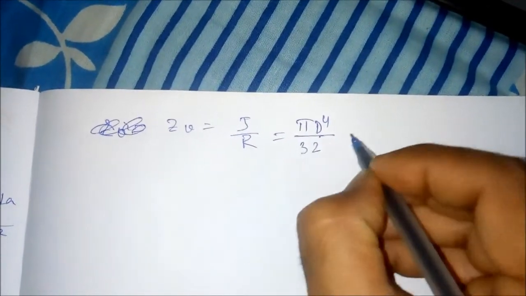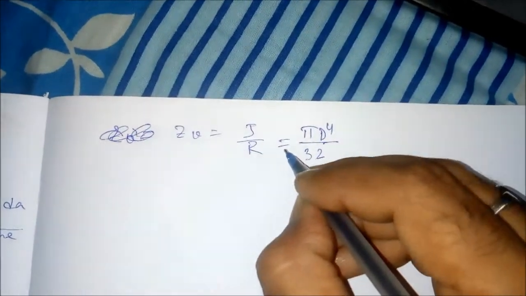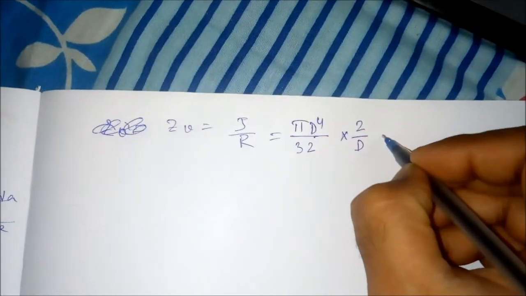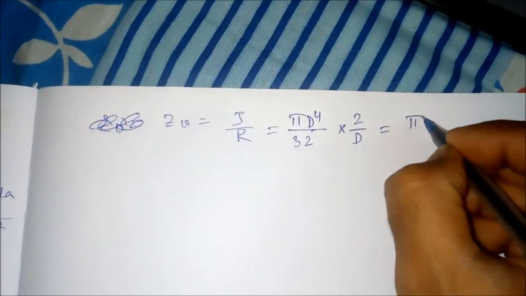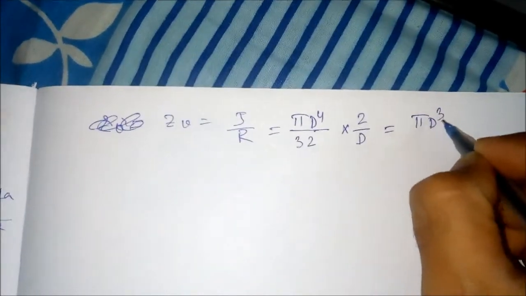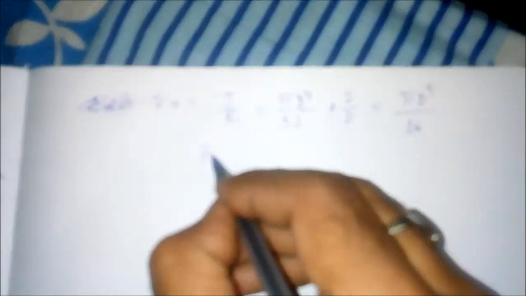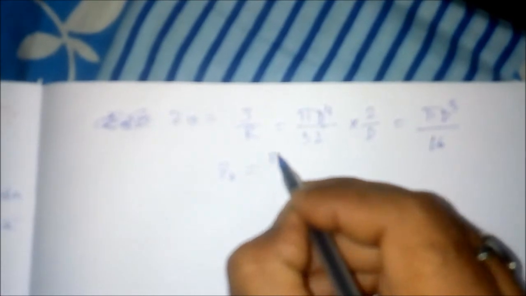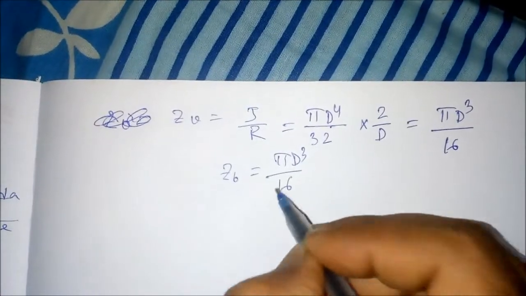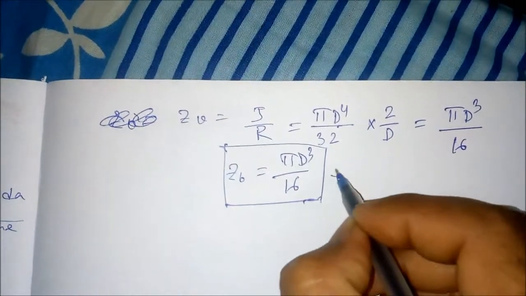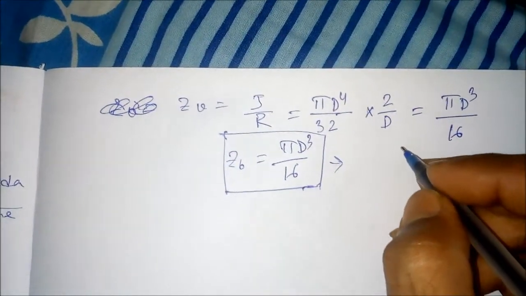Then we will get pi d cube by 16. So Zp is equal to pi d cube by 16. This is the value of the polar modulus of a solid shaft.